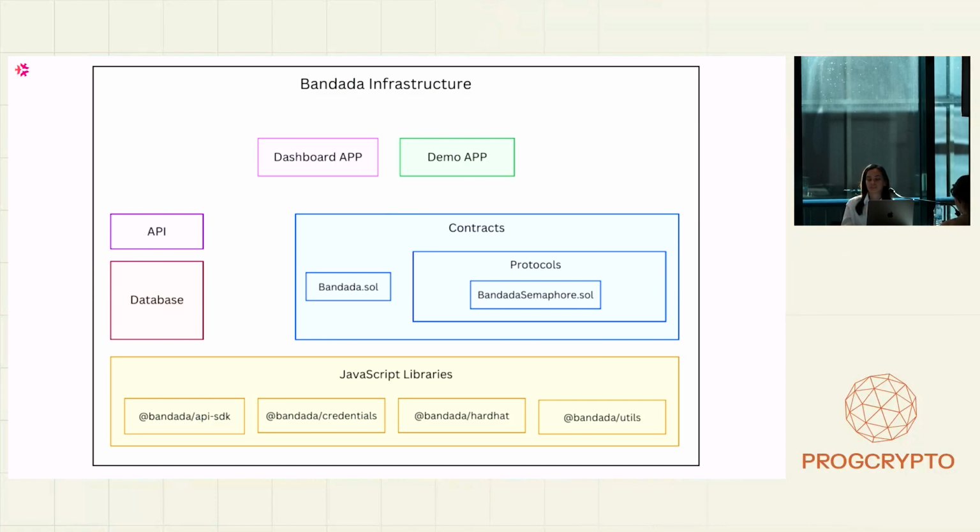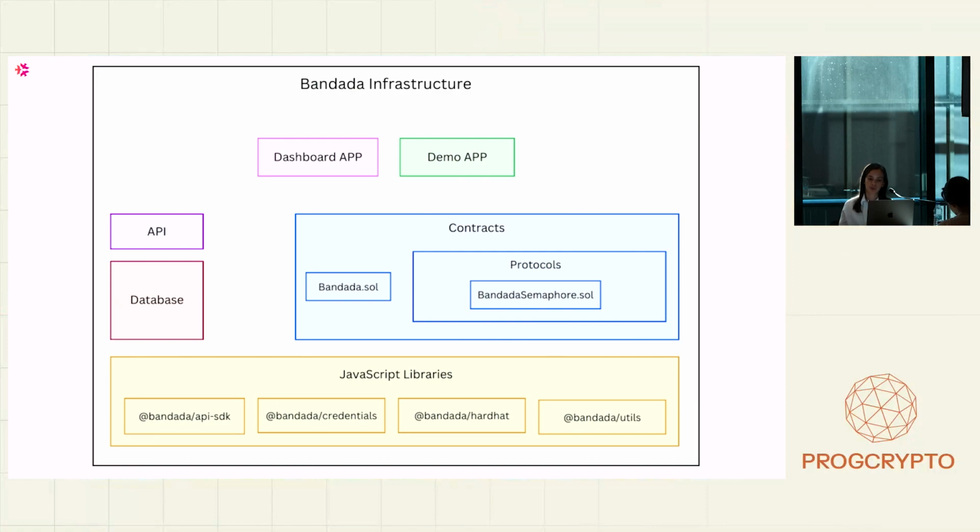There are also JavaScript libraries. There is the API SDK, so that you don't have to use the API directly. If you use this library, you can call the functions, and the library is doing that under the hood. There is also a library for credentials to manage everything related to credentials, so you can add more credentials to extend the library.